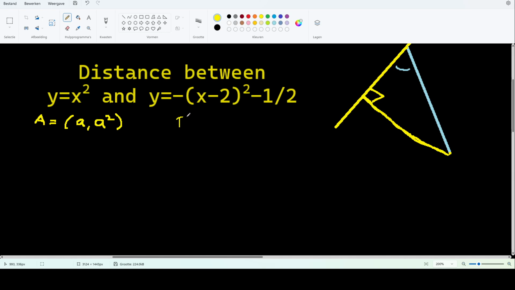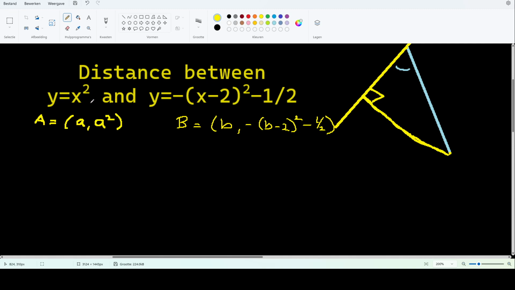And if point B is (b, ...), well, then you have to substitute this here. Then at x = a, the slope has to be the same as at x = b for this one.